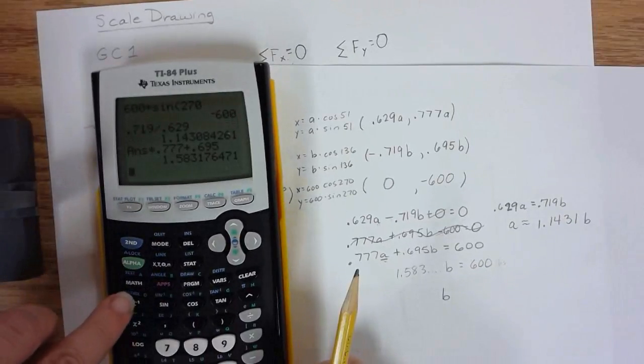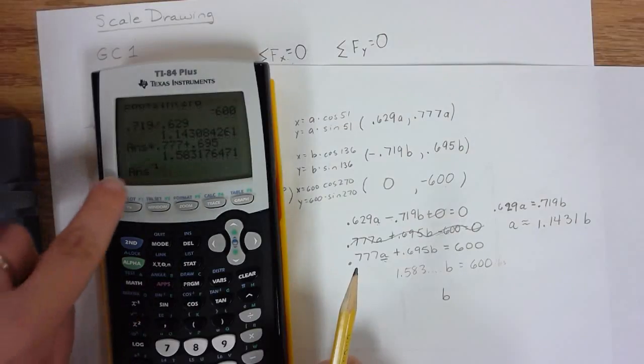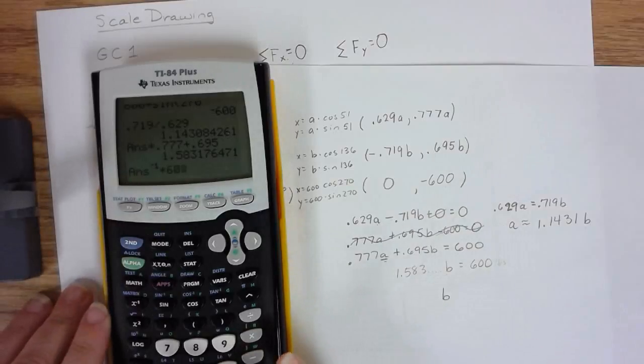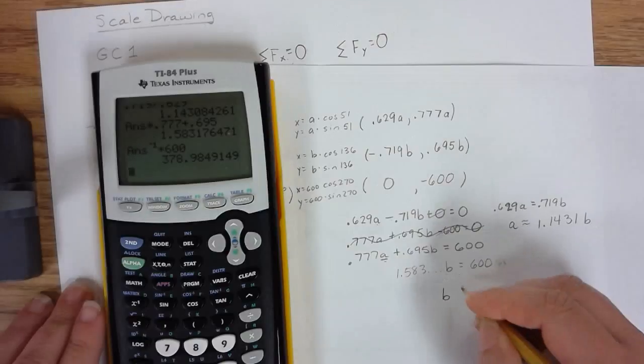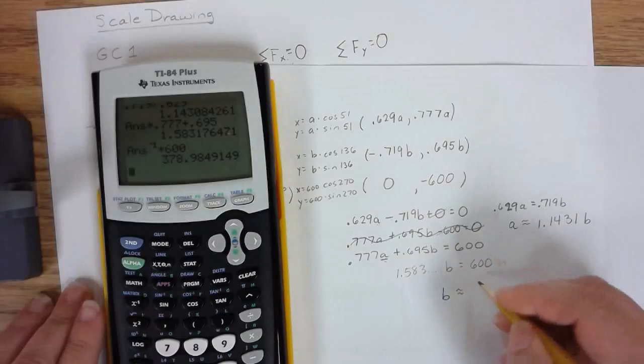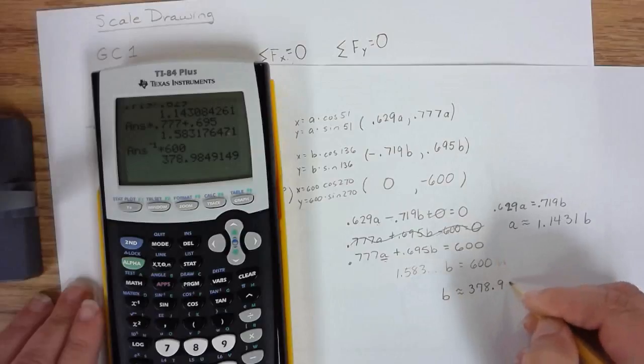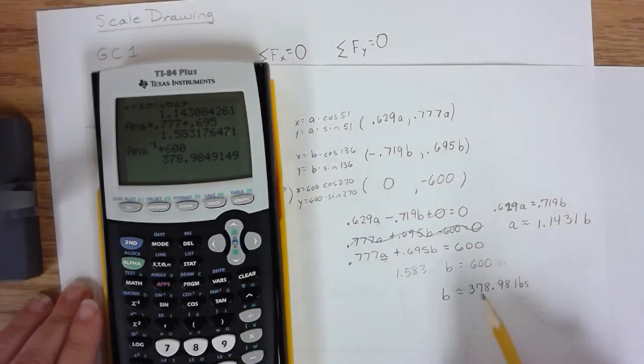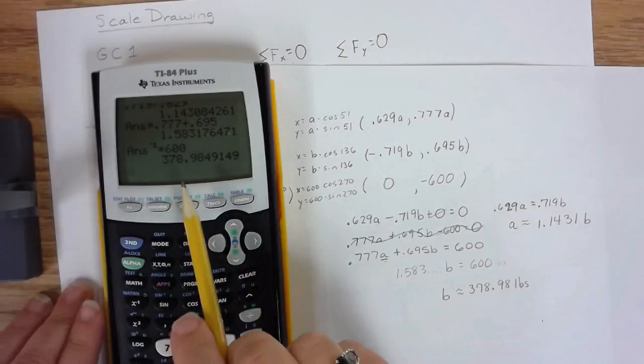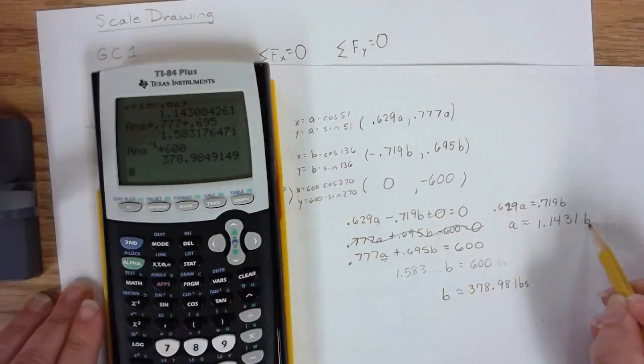We know that's a reciprocal. So I'll hit that button, and it made my answer the reciprocal, and I'll multiply that by 600. It's not the only way to do it, it's just the way I typically do it. And I got that b was approximately 378.98 pounds.